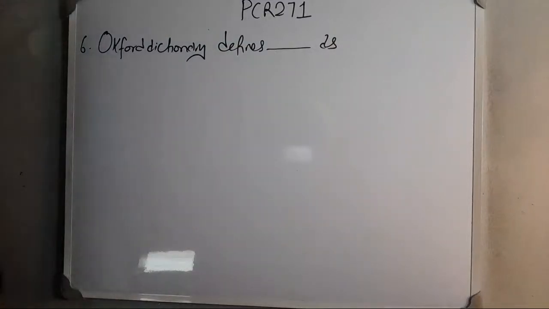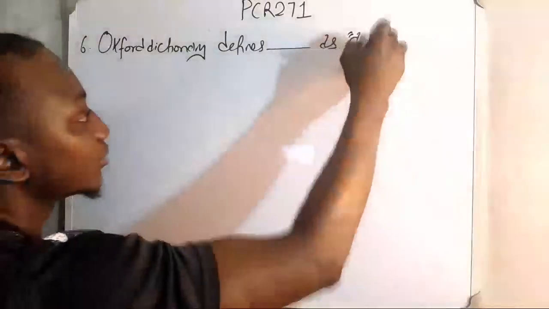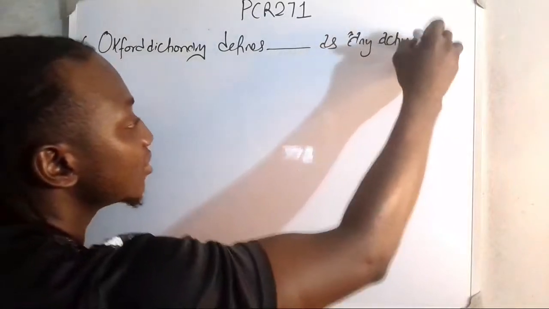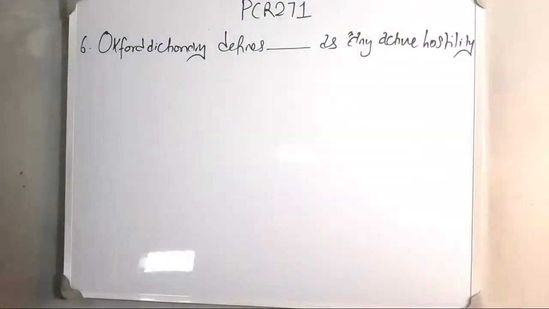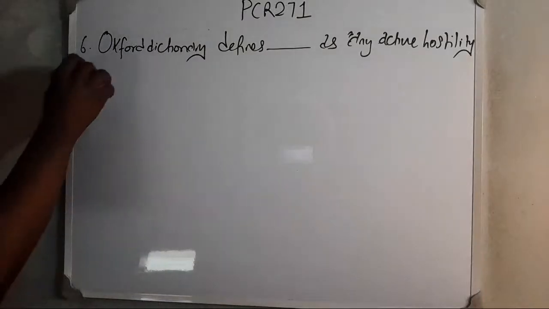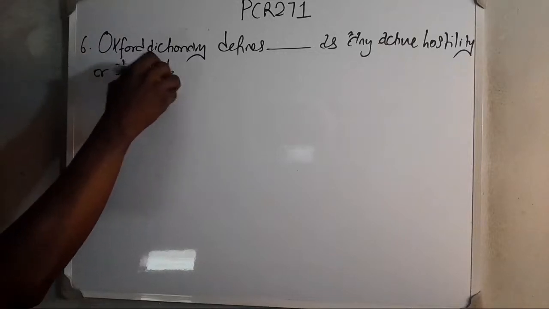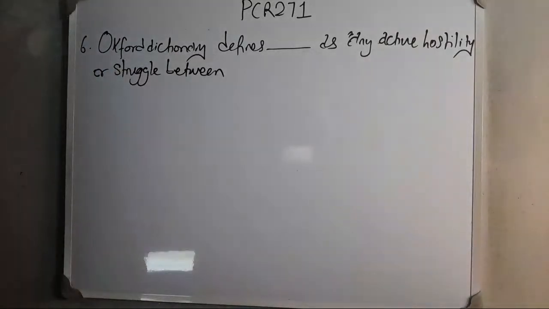The Oxford Dictionary defines dash as any active hostility or struggle between living beings.